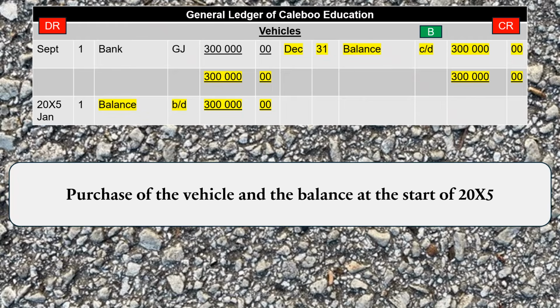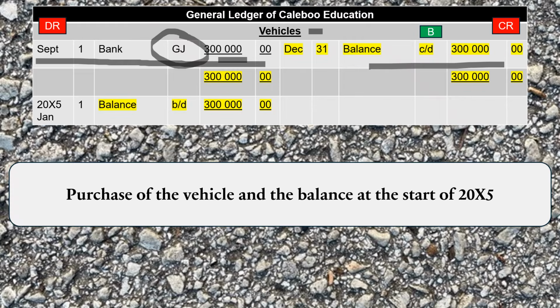The general ledger will look like this. There's the 1st of September in the vehicles account. There's the purchase. It was recorded in the general journal this time, $300,000. Now what I've done, a little bit of revision on balancing an account. In order to balance this account, we go and credit the credit side with $300,000 in order to make the two sides equal.